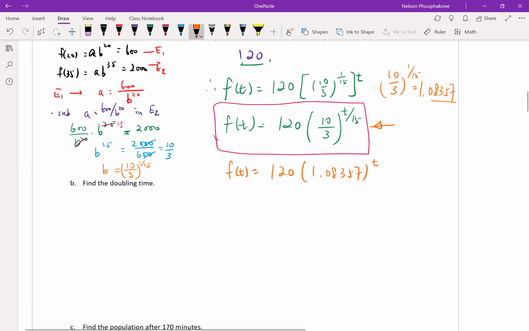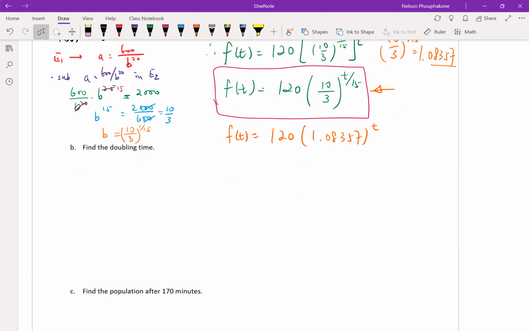Okay, so now we would like to work with the doubling time, and then find the population after 170 minutes. Let's see how we work out that problem. The doubling time basically is where we have 120 times 10 over 3 raised to the power of t over 15 equal to 240, right? We double the initial amount. And then we divide both sides by 120. Basically, we know that this is equal to 2.